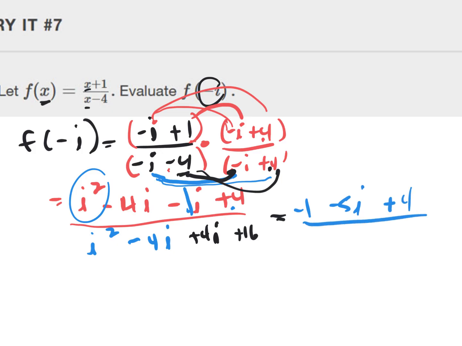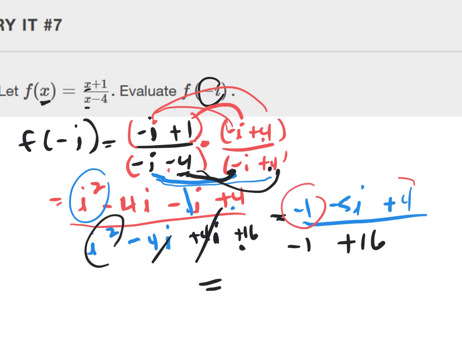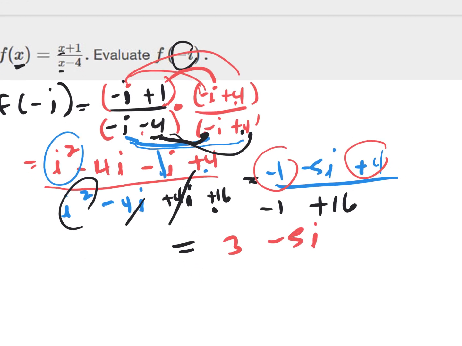The bottom, i squared means a negative 1. Negative 4i plus 4i cancels. Very good. Plus a 16. So that turns into this negative 1 and a 4 becomes a 3 minus 5i. And the bottom looks to me like a 15.